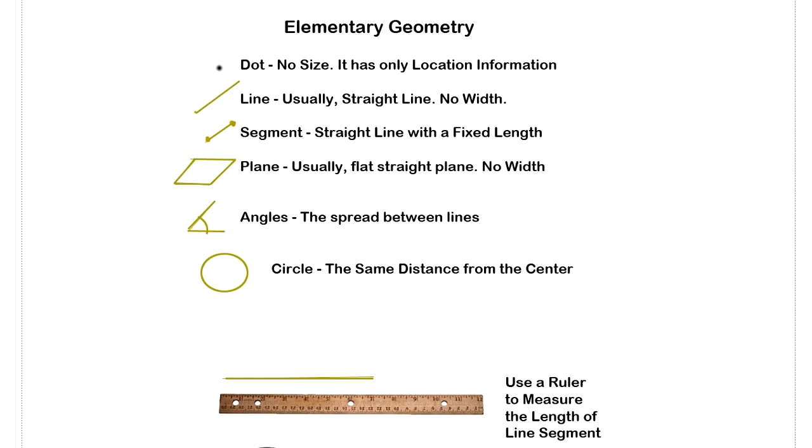It's just the location information, the collective location. The angles, the spread between lines, and the circle, the same distance from the center. Remember this circle. What is a circle? It's a collection of points that have the same distance from the center point. That's the circle, okay?